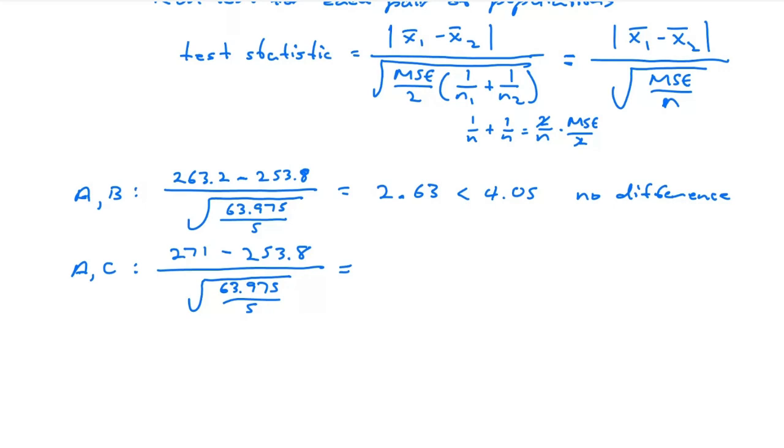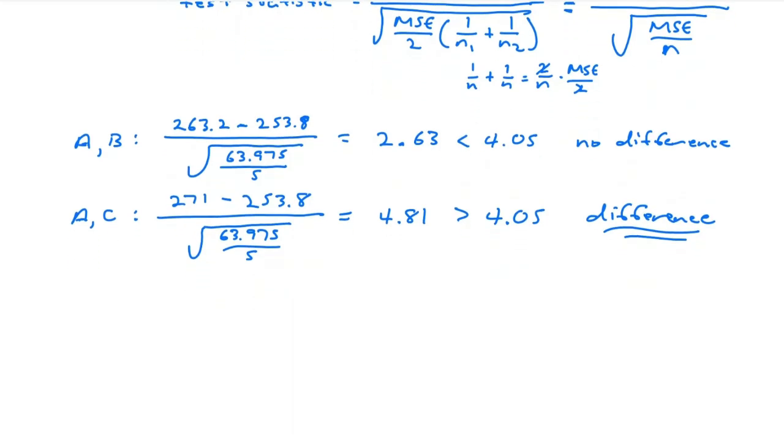The denominator is not going to change for any of these problems. In this case, we get 4.81, and that is greater than 4.05. That tells me that this is at least one pair in our populations that has a difference. There might be others, but that definitely contributed to why we rejected the null and determined that there was a difference among the populations.